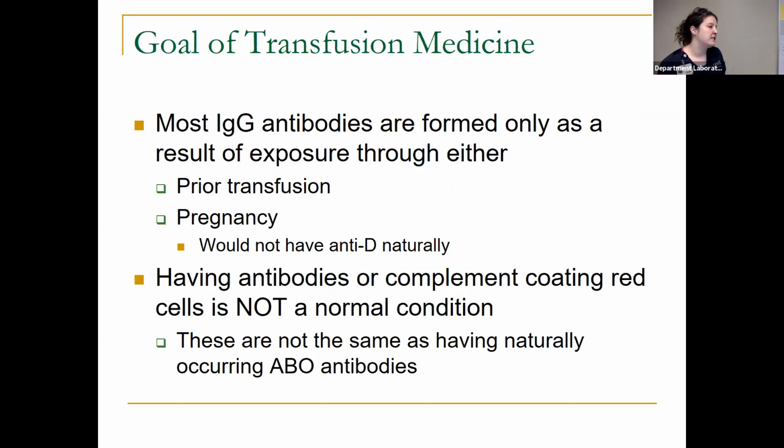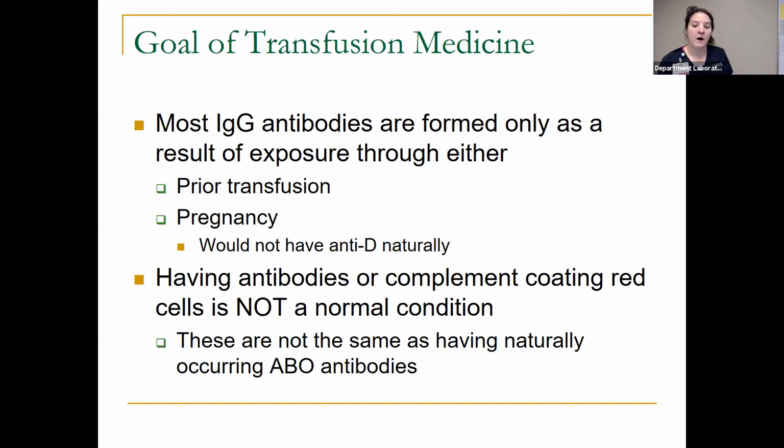Again, you guys need to remember this. The only way a patient can build an IgG antibody is through previous transfusion, exposure to donor antigens that they are negative for. Remember Landsteiner's rule, if you lack the antigen, you can build the antibody. So if you are ever transfused red cells and that donor is positive for an antigen that you are negative for, your body's going to recognize that red cell antigen as foreign, and you could potentially build an antibody to it.